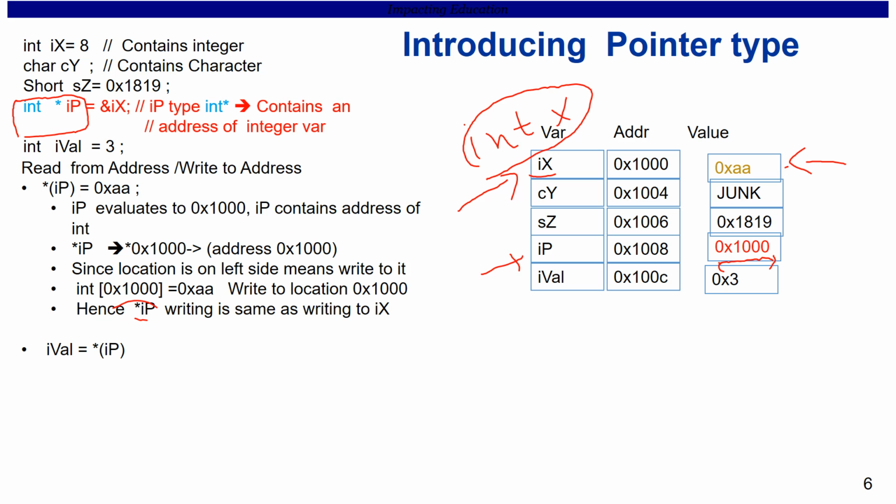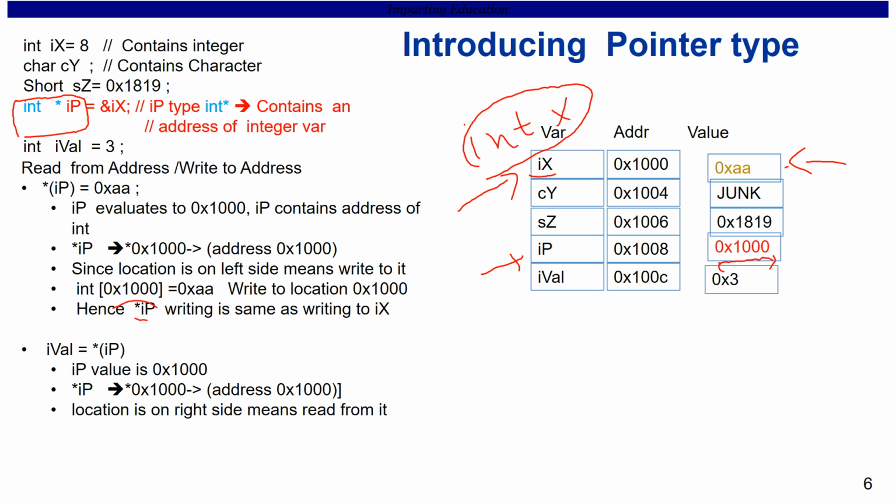Let's take it further. Let's see ival equals star of IP. In this case, you're reading from star of IP, which is on the right hand side. IP evaluates to 1000. Star of IP would evaluate to accessing star of 1000. Now it's on the right hand side, which means you have to access it for reading purpose.